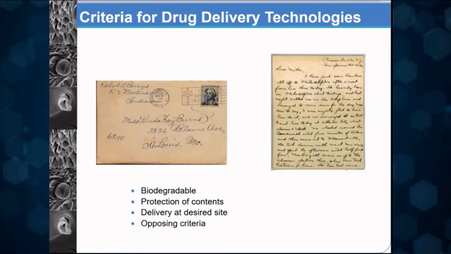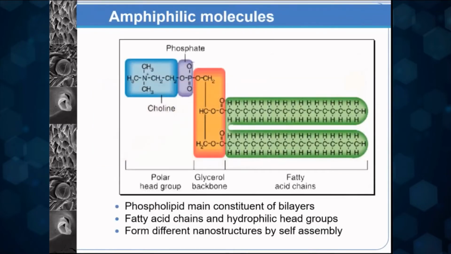And hence, we have two sets of criteria to fulfill. One in circulation prior to reaching the target site, and a completely different one on reaching the target site. And one has to design one's biomaterial strategies so that both of these are fulfilled.